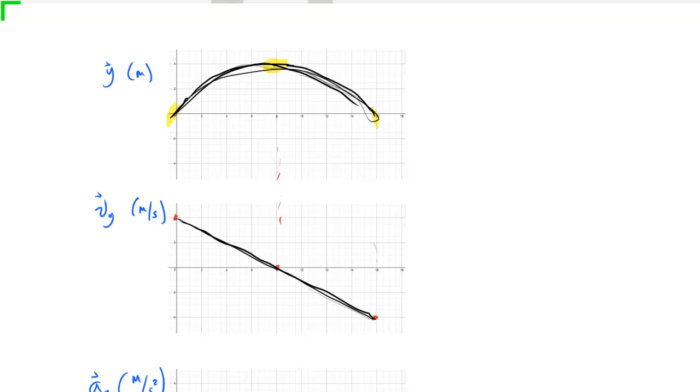And so we have some interesting things to point out here. When it's first thrown up, when it leaves your hand, it has a positive velocity. Then it reaches its highest point, it has a 0 velocity, and then right before it gets caught, it has a negative velocity here.